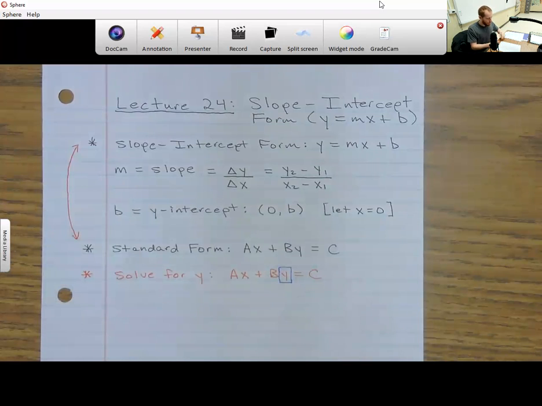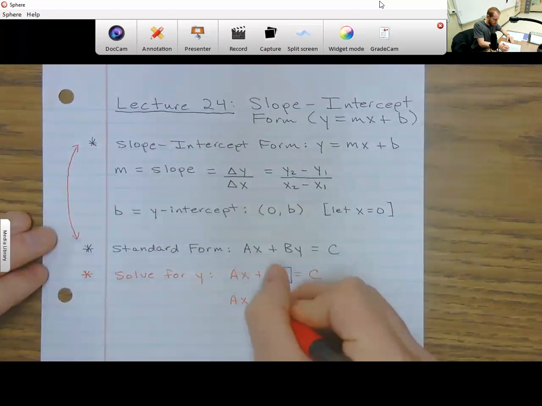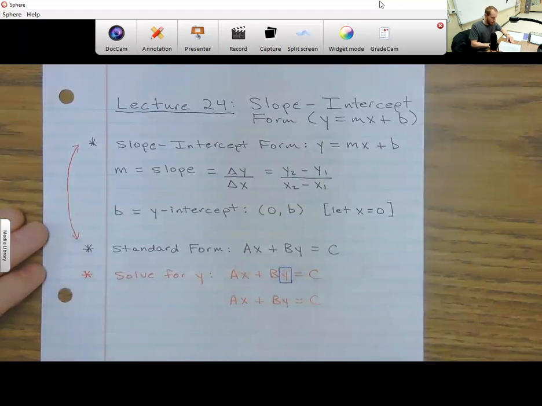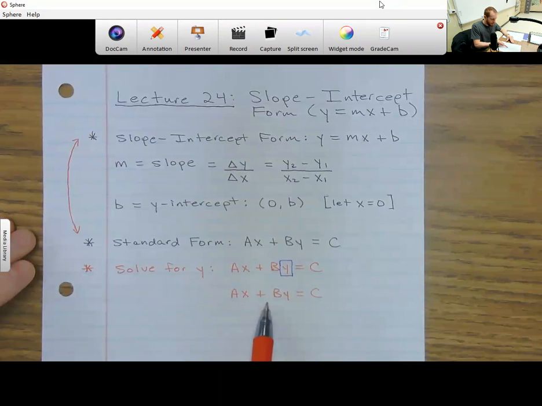So I start off with ax plus by equals c. The first thing I'm going to do is get rid of this ax right here. How do I do that? Well, since it's connected by addition, I'm going to do the opposite of addition, which is subtraction, right?